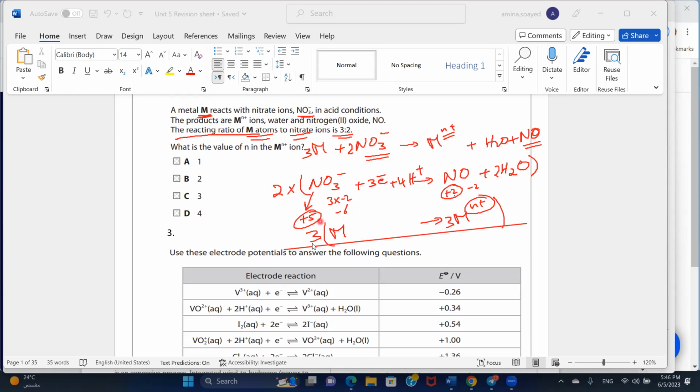So in the second half ionic equation, there also must be 6 electrons, which means that here there should be 2 electrons. Why should we have 2 electrons here? Because 3 times 2 makes 6, like here 3 times 2 makes 6. So the electrons can cancel, which means that every metal lost 2 electrons to form what? To form the metal M+2. When it loses 2 electrons, it will be M+2.